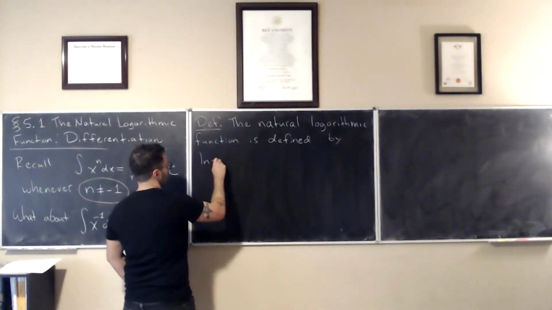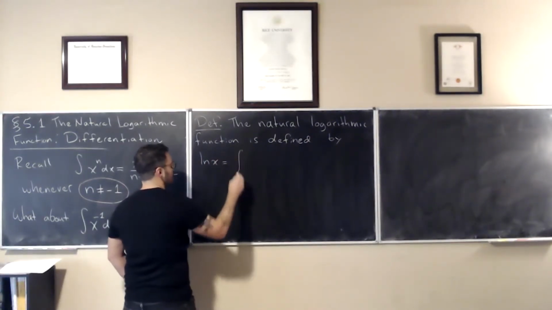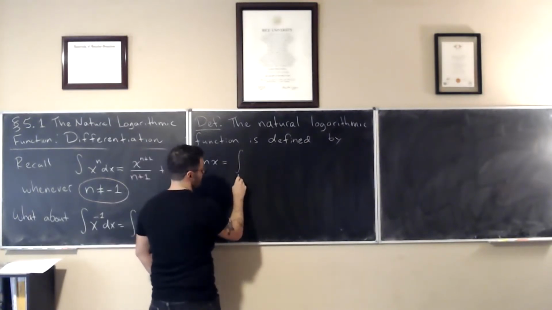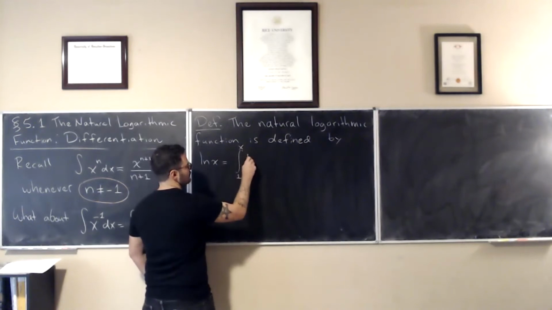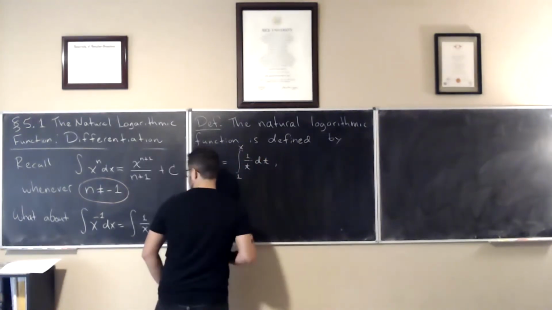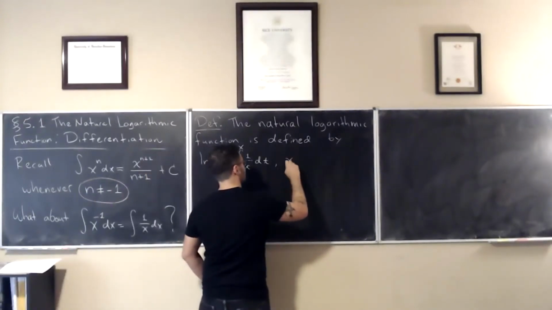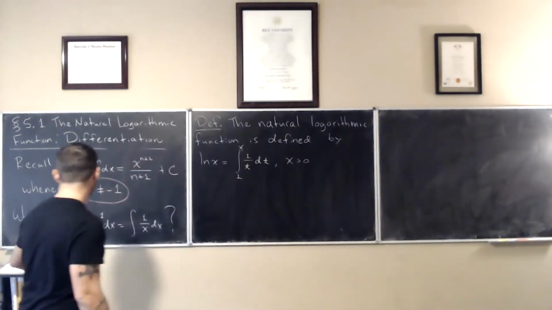So ln of x is equal to the definite integral from 1 to x of 1 over t dt, provided x is greater than 0. Okay.